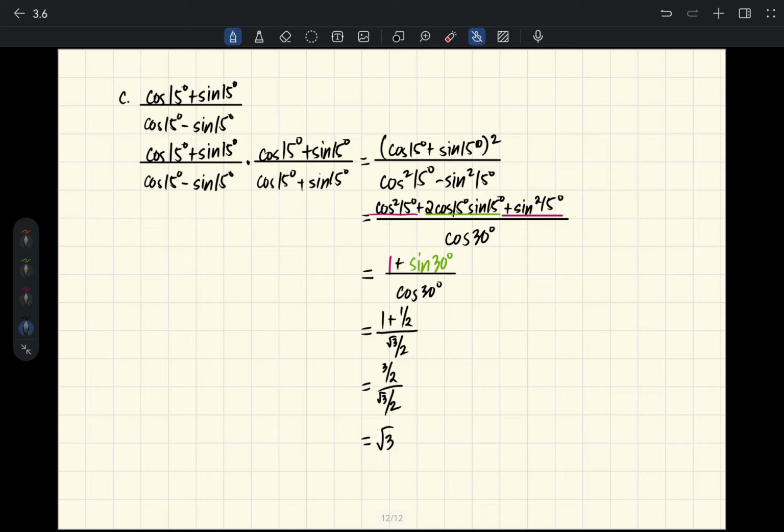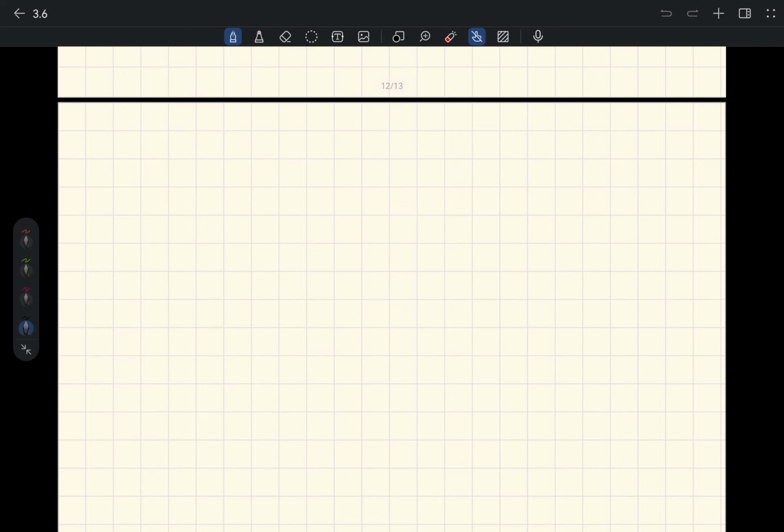Let's proceed to the last set of examples where we try and prove the following. First, we have cosecant of theta equals cosecant of theta over 2 all over 2 cosine of theta over 2.